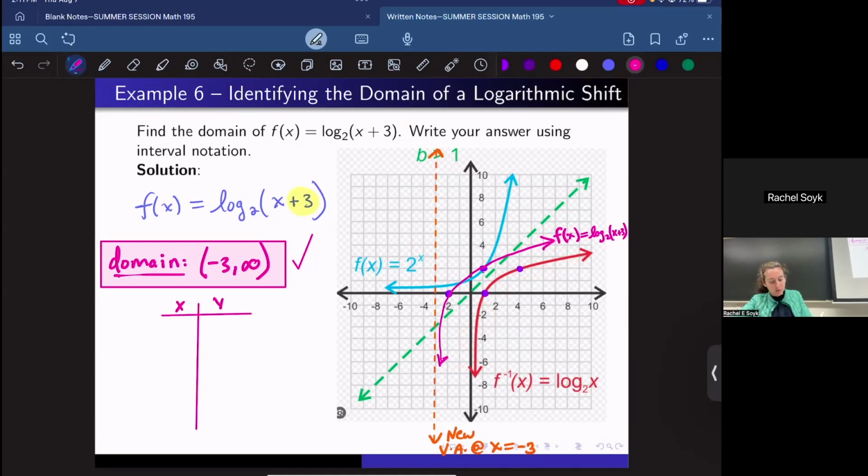So if you had none of this, then I would do -2, because 2 to the what power gives you 1, that gives you 0. That's a very famous point. And then if we have x is 1, 2 to what power gives you 4? That's just 2.